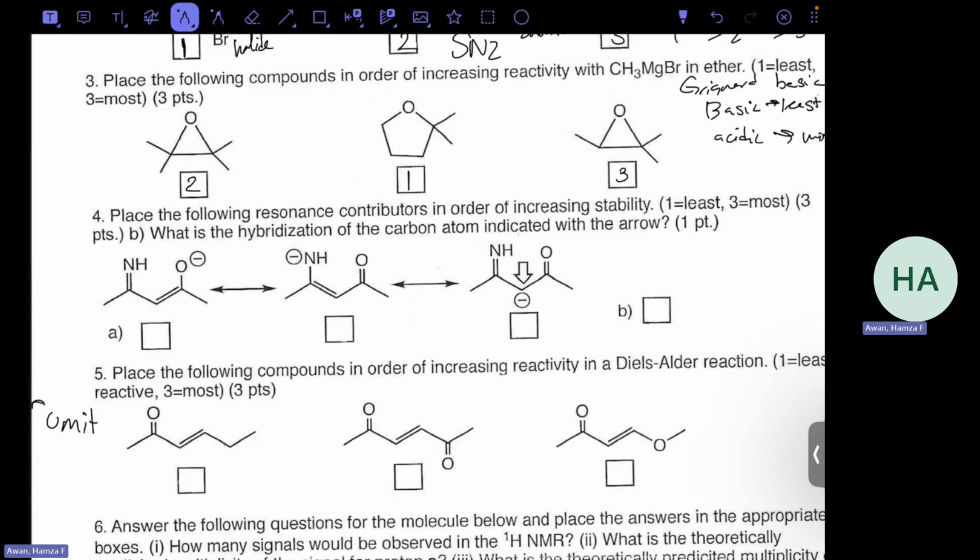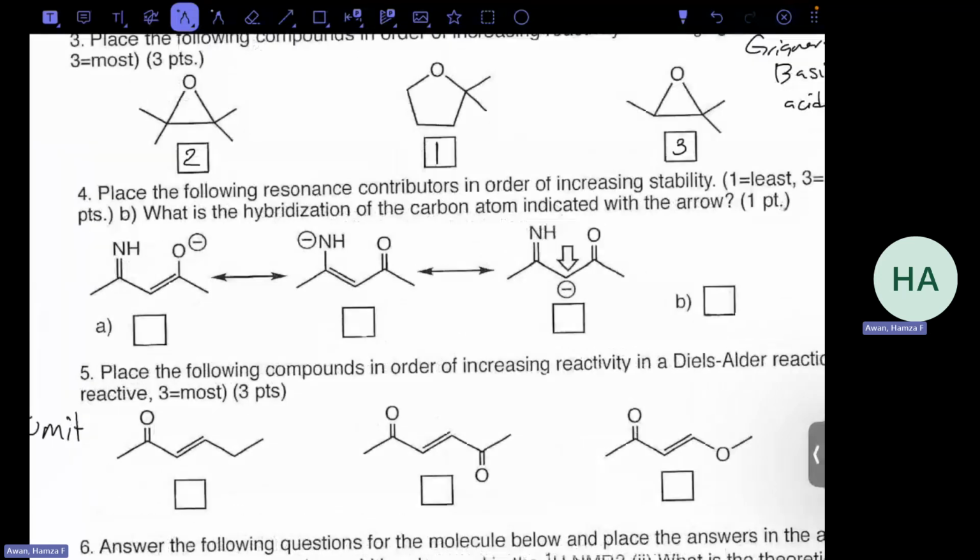Okay, so whenever we're looking at increasing stability for resonance structures, the first thing we should look at is the octet rule, right? So whenever we look at the octets, let's focus on the one with the minus charge on it. So this oxygen, if it had a minus charge, would have 3 lone pairs, and that would complete its octet.